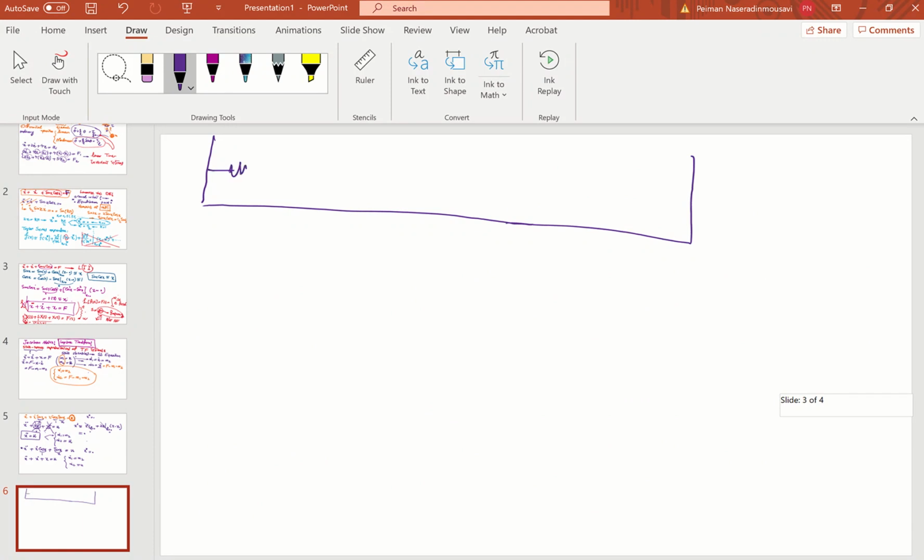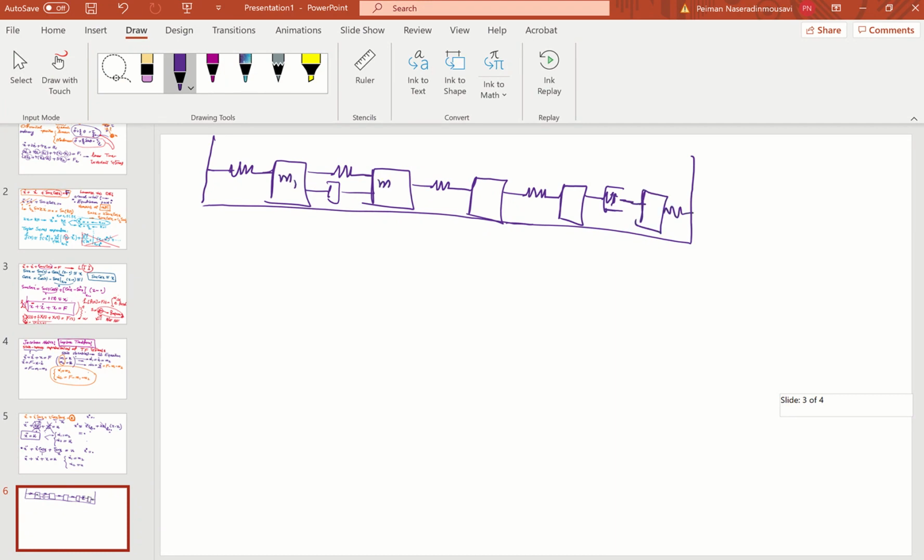You can have a spring, one mass, spring, damper, one mass, one spring, another mass, one spring, another mass, one damper, one mass and one spring: mass 1, mass 2, mass 3, mass 4, mass 5.